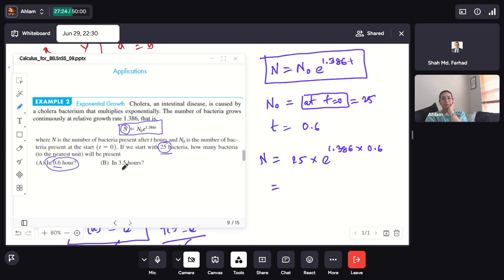Similarly for 3.5, we just substitute t with 3.5, and we'll get the number of bacteria after 3.5 hours. Diseases, just like bacteria, grow exponentially.